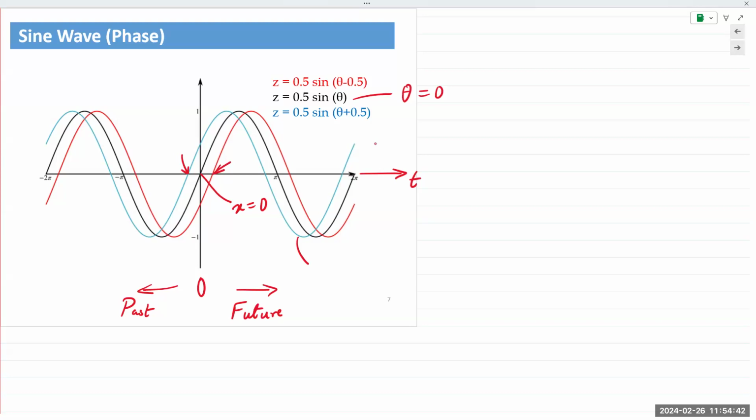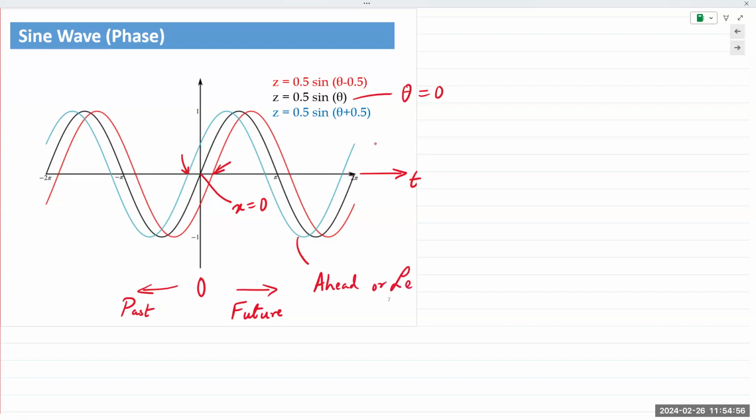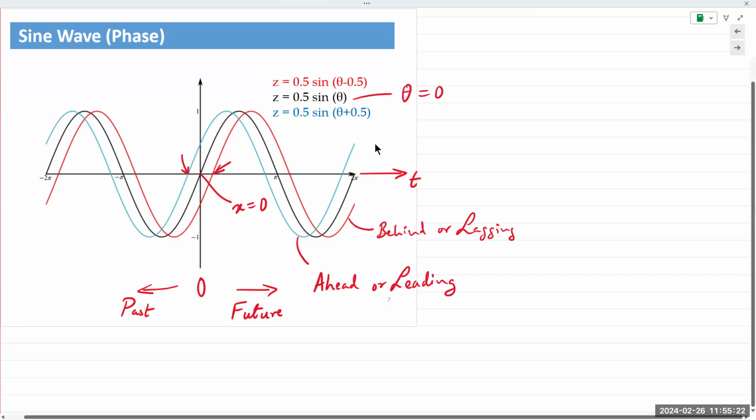And so the waveform in blue, we say, is ahead of the other two waveforms, or more technically, we would say it is leading. It's noted by a plus sign. The waveform in red is behind or lagging, noted by a minus sign for the phase angle. Okay, minus sign.